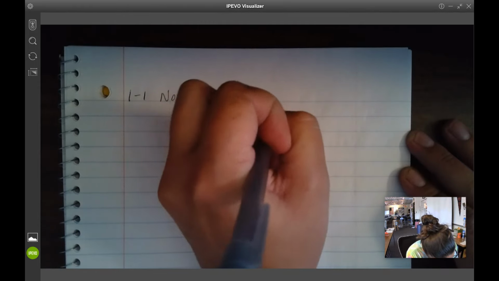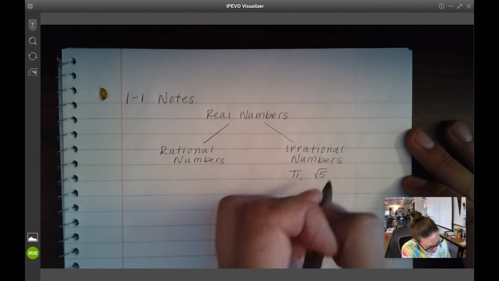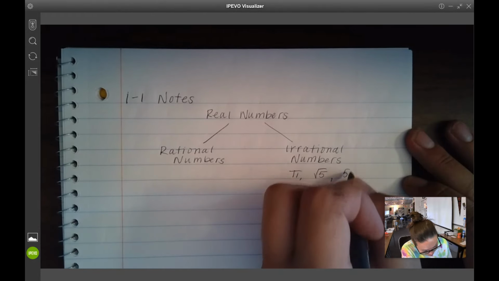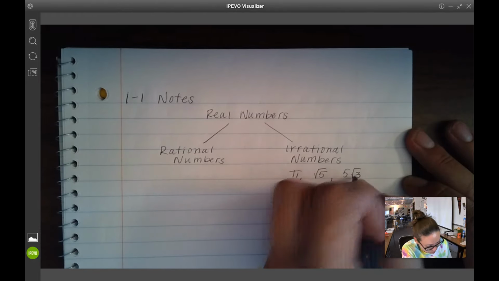Irrational numbers are things like pi, or the square root of 5, or 5 square roots of 3.